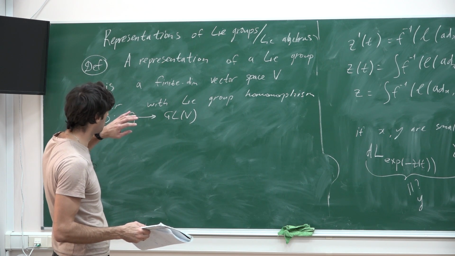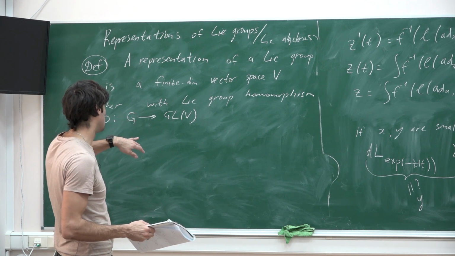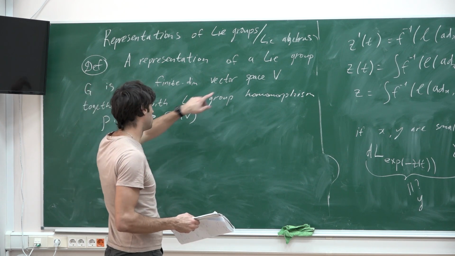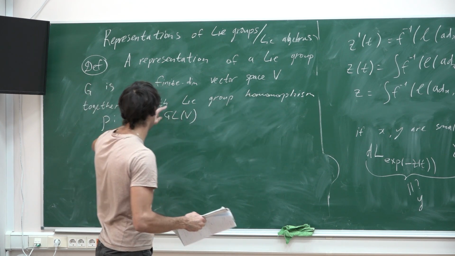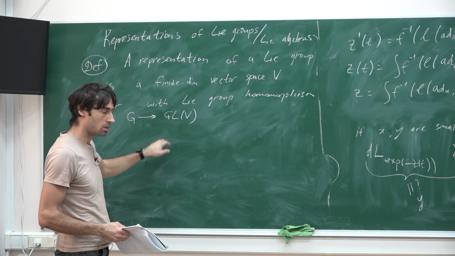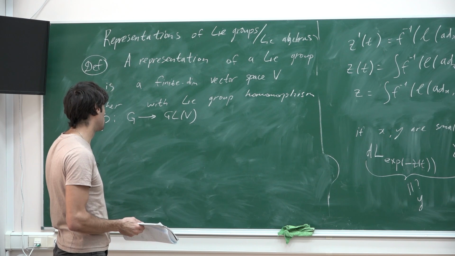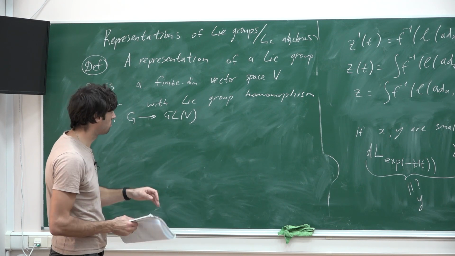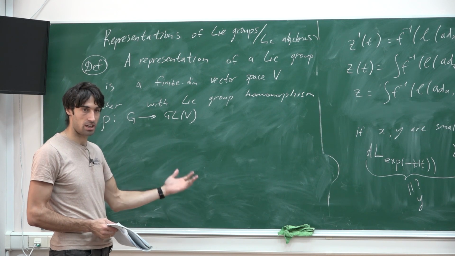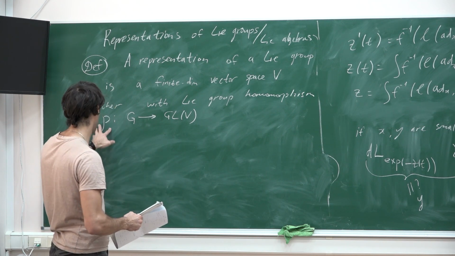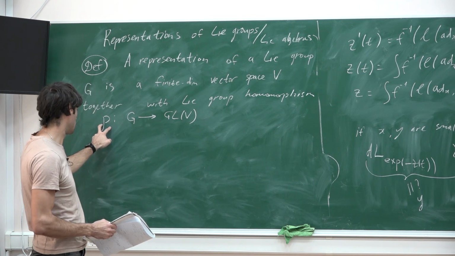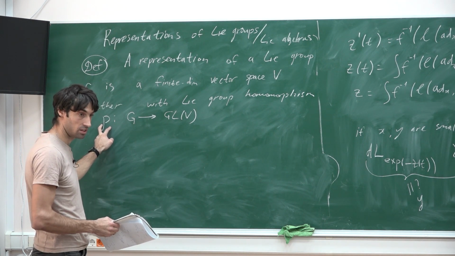We will say that on V we have an action of G. It's the same thing. It's the same piece of data. Also, sometimes people say that V is a representation of G. It implies that we have this homomorphism already.